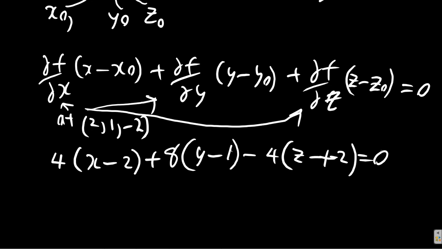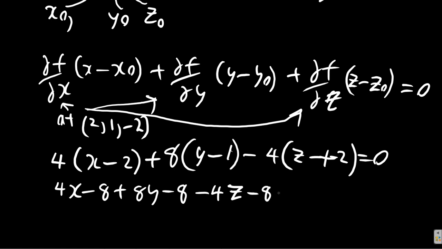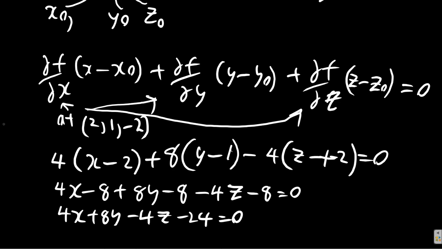So you see that. Now here you can expand the bracket and simplify. This would be 4 times x, 4x minus 4 2s 8, plus 8y minus 8 1s 8, minus 4z minus 4 2s 8 equals 0. So we have 4x plus 8y minus 4z, negative 8 minus 8 is minus 24 equals 0.